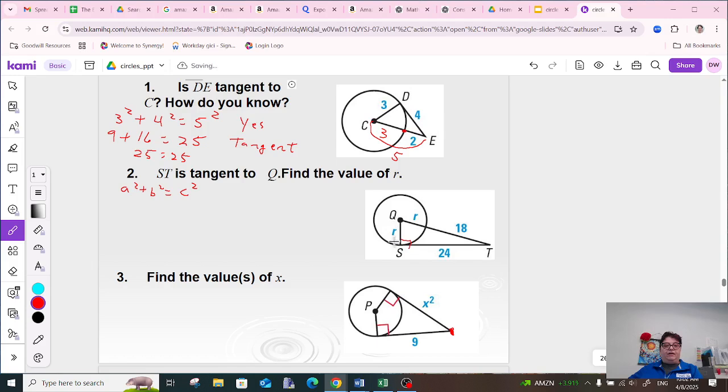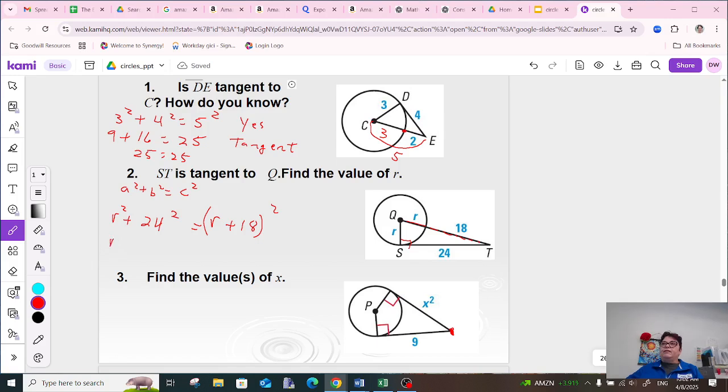A would be R, so R squared. B would be 24. 24 squared has to equal this whole length. Well, what is this whole length? R plus 18, and I have to square it.